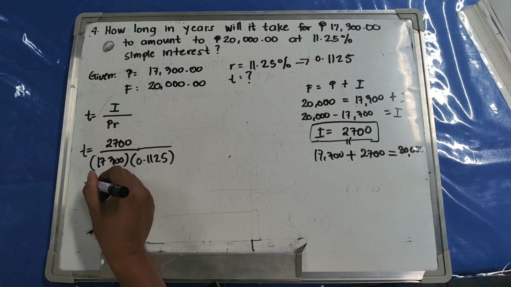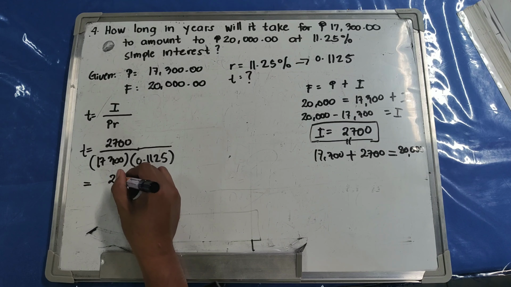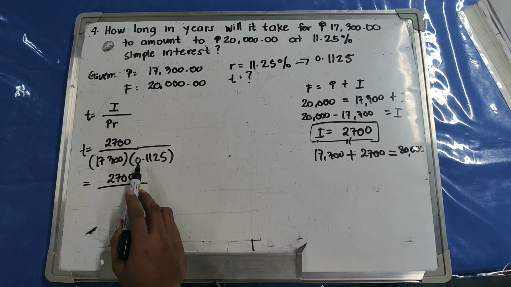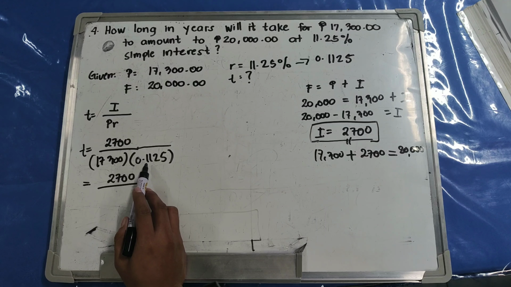So this is our time now. Simplify 2,700 over the denominator, 17,300 times 0.1125. The result is, do not round it off, class, because you are not yet at the final answer.